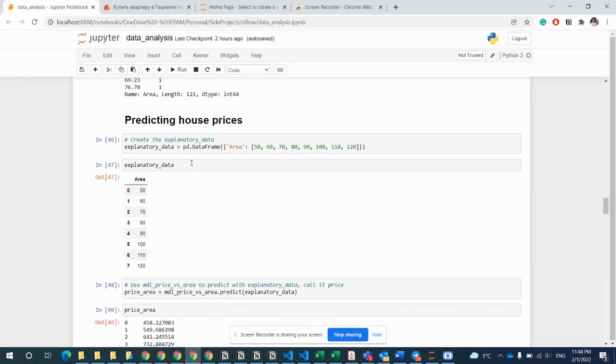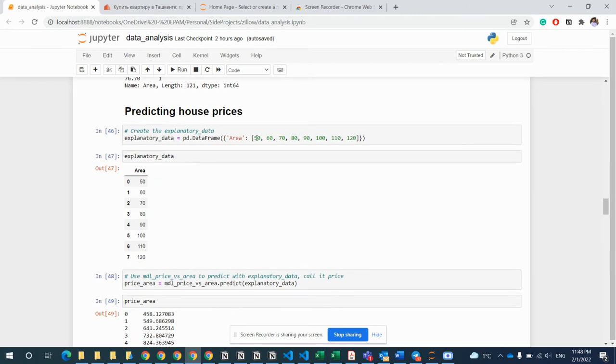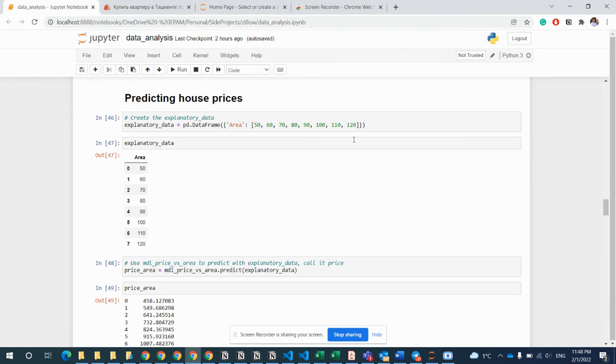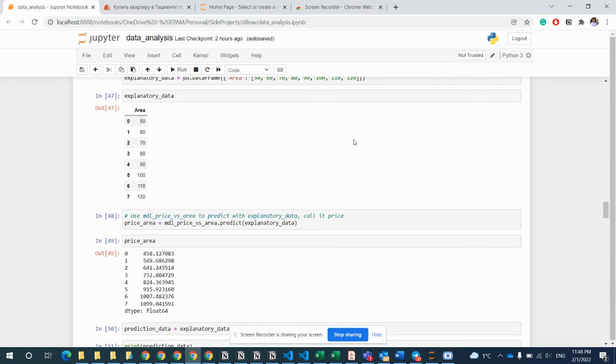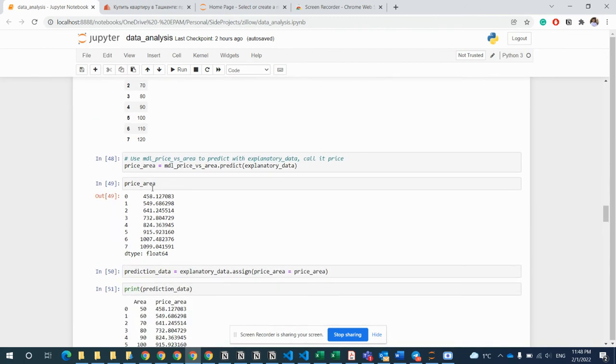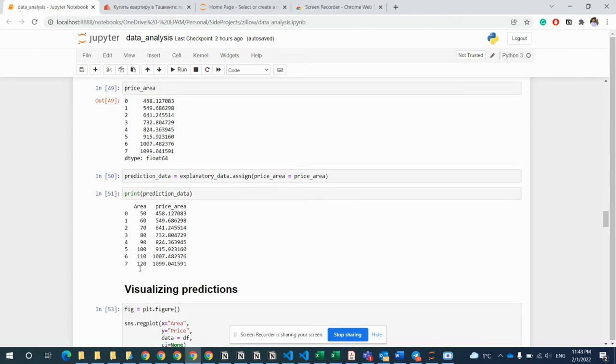What else? I just tried to predict the apartment price with the area of 50, 60, 70, 80, 90, 100, 110, and 120. These are the standard areas that people search for, as I understand, and these are the prices that I got depending on the area.